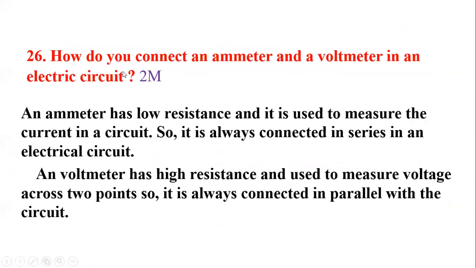Yes. Next one. How do you connect an ammeter and a voltmeter in an electric circuit? Most of the cases, whenever you draw the electric circuit, we put an ammeter to measure the current, and a voltmeter, you can put here with a battery, plus minus.